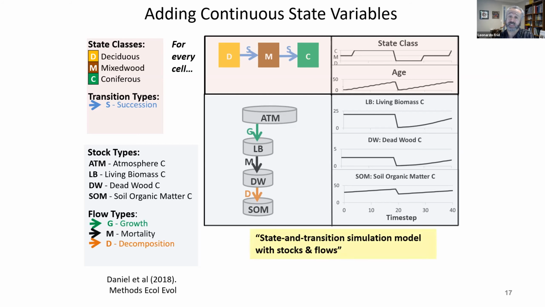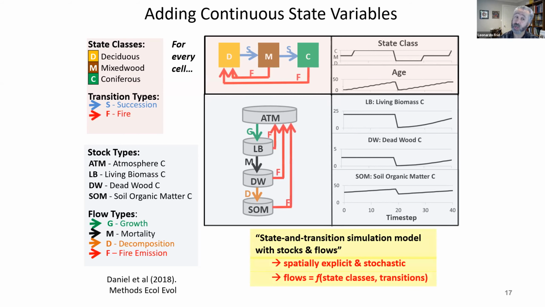So this so far is a state and transition simulation model with stocks and flows. The key thing about it is that when we put this into the state and transition simulation model framework, it becomes spatially explicit and stochastic. In particular, now the fluxes, for example a fire flux, are linked to what's happening with a particular location in the landscape in terms of a transition event and to the state.